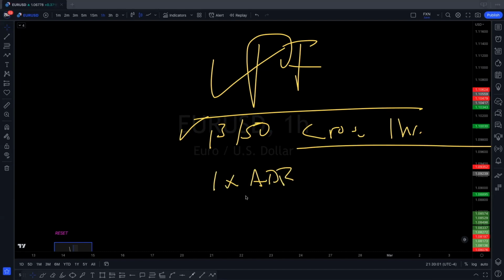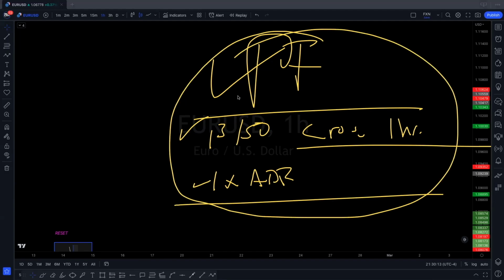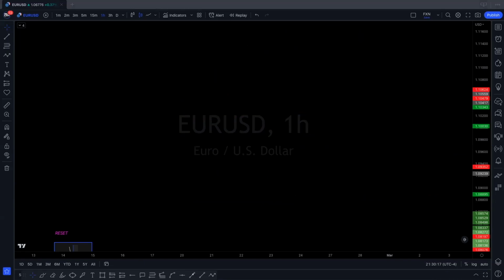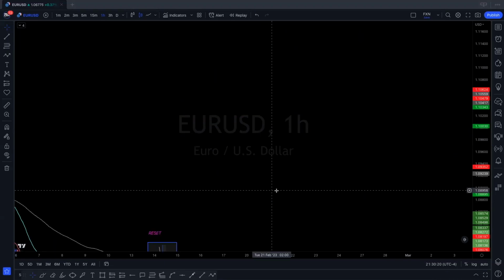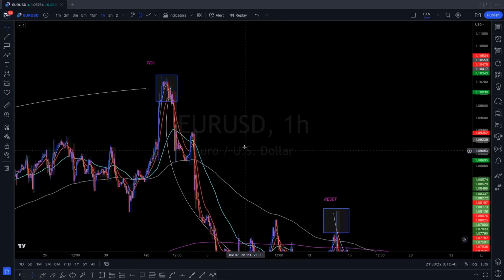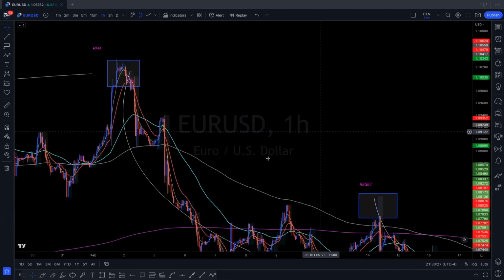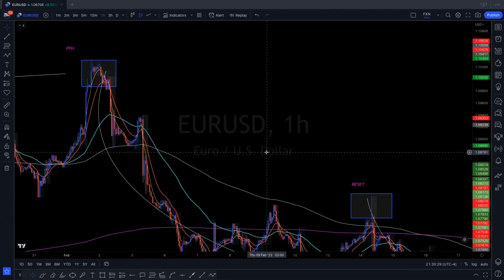It's basically the same confirmation that you would use to say, hey, this is a new peak formation. Now, once you have that peak formation in place, then all you're waiting for is an initial pullback after the peak formation.